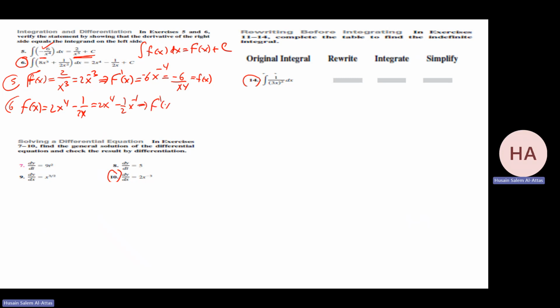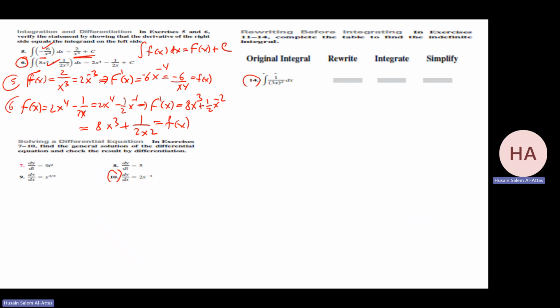So capital F prime will be 8x cubed plus half x to the power minus 2, which is 8x cubed plus 1 over 2x squared, which is correct. So this is f of x.